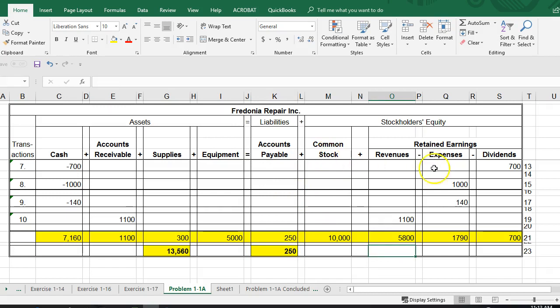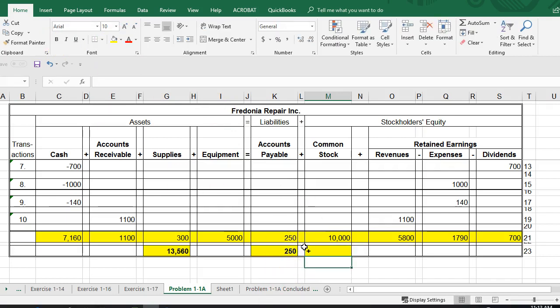I'm going to add my common stock plus my revenues, but then minus my expenses and minus my dividends. Again, you're going to add the common stock plus your revenue, but minus your expenses and minus your dividends. That's because common stock and revenue will both increase your stockholders' equity, whereas expenses and dividends are going to decrease your stockholders' equity. So I have a total for those numbers.